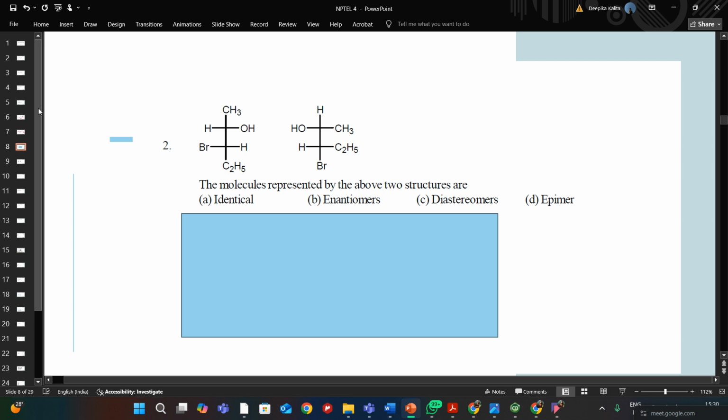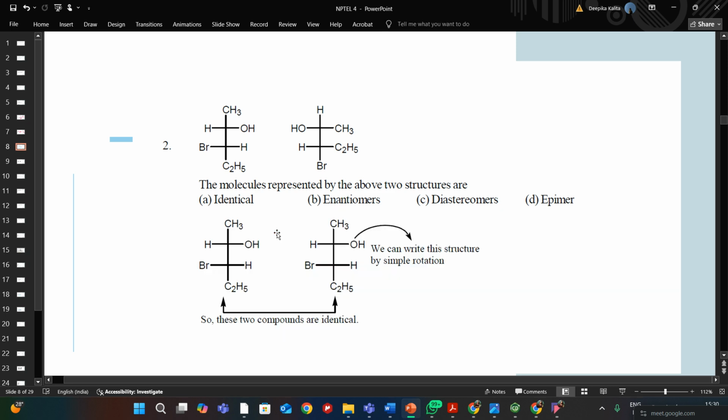Now we are given two different Fisher projections of two molecules, and you have to figure out whether the molecules represented by the above two structures are identical, enantiomers, diastereomers, or epimers. Let us see how to approach this question.